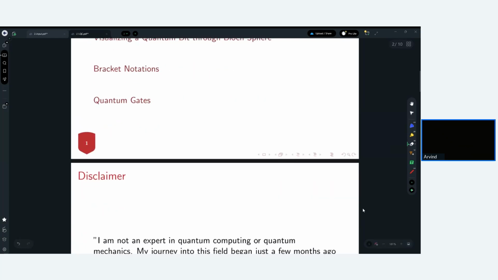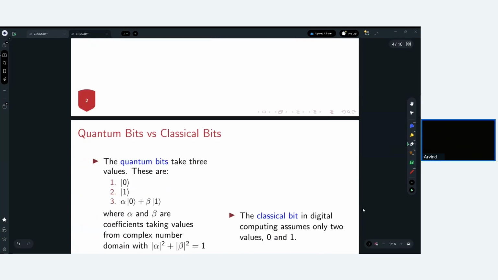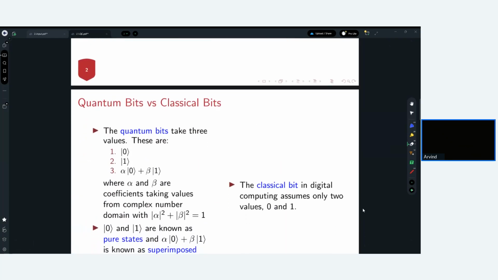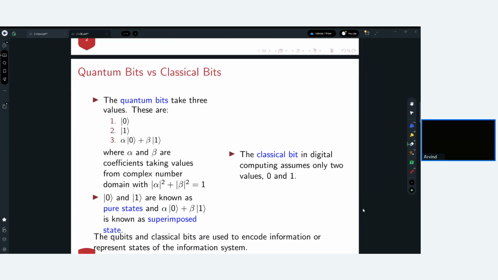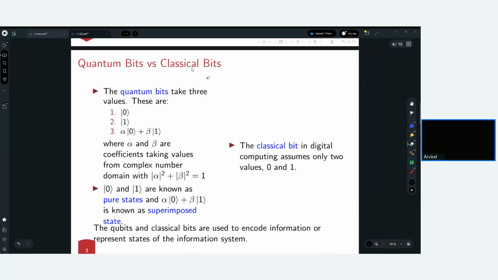In order to explain what is meant by a quantum bit, I will be comparing the quantum bit with our classical bit. The classical bit and quantum bit are both used to represent information in computers.